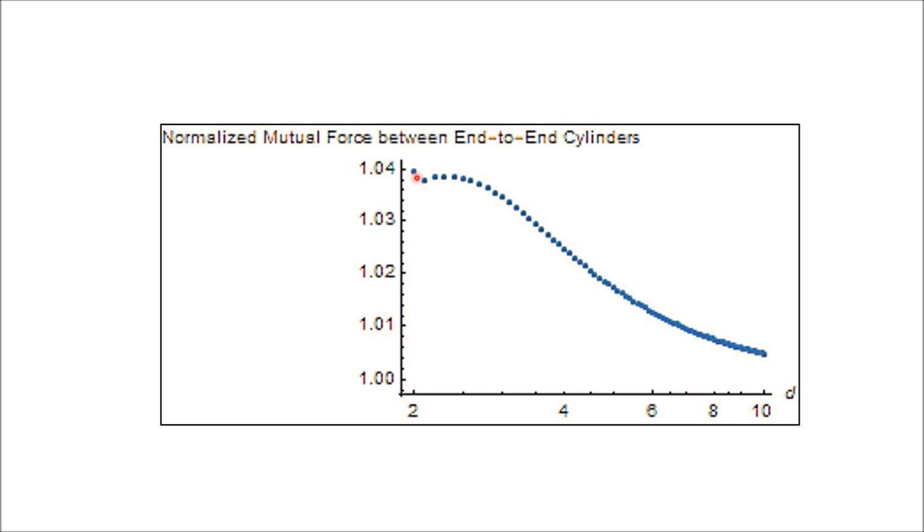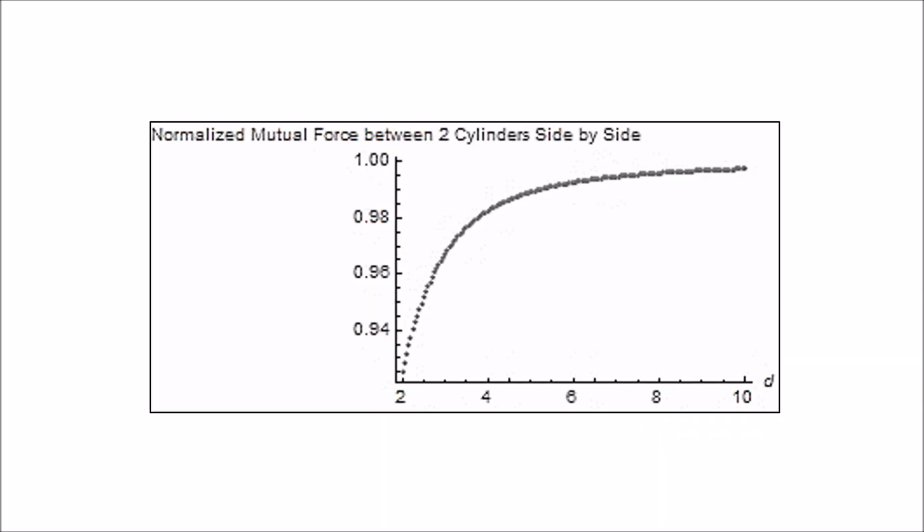And it becomes quite different if the cylinders are long and thin as opposed to short and squat, as shown in this particular instance. If you go, though, to the cylinders side by side, you get something different. When they're side by side, and it's the same cylinders as before, where the diameter is the same as their length, and you move them from contact out to a certain distance, you get quite a variation as they're close to one another.